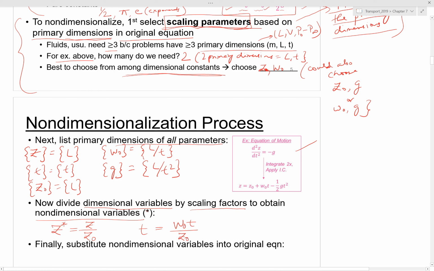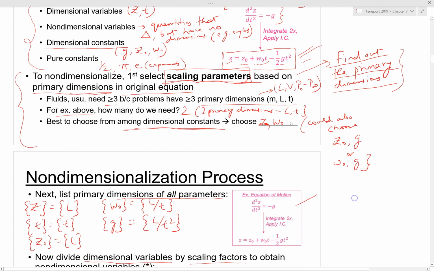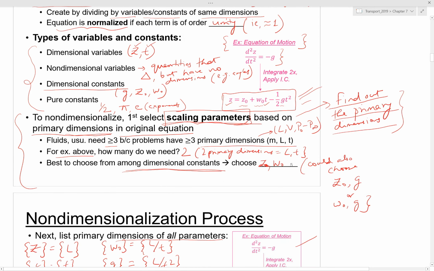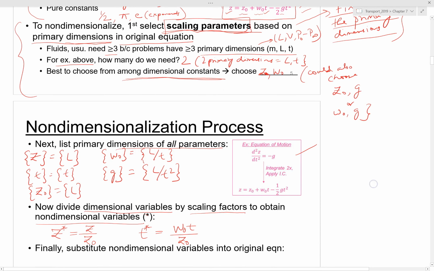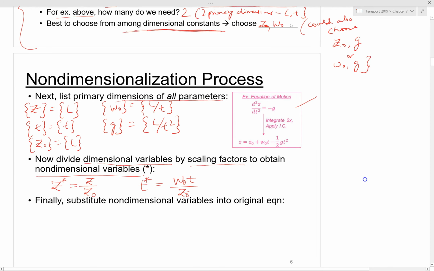So you see here how we non-dimensionalized Z and T, the two primary variables, using a combination of dimensional constants and dimensional variables.